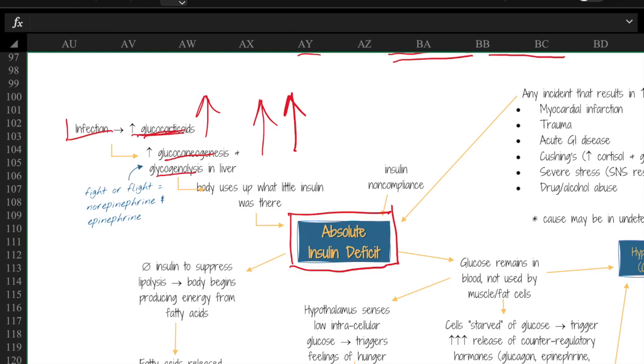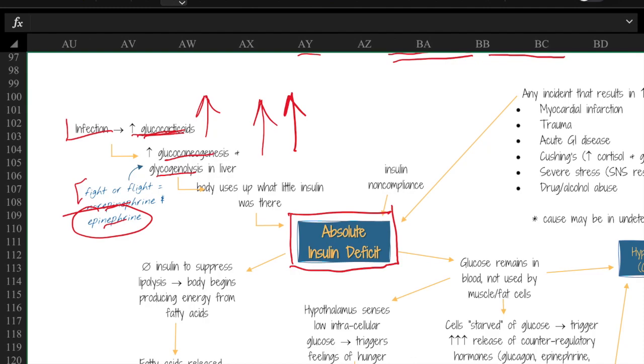Just in case it shows up on a test, one of the other things that's released during an infection or any kind of fight or flight reaction would be your catecholamines, your norepinephrine and epinephrine. And if you remember from the video on counter-regulatory hormones, epinephrine is actually one of those. It increases glucose in the blood because it's preparing your body to fight.